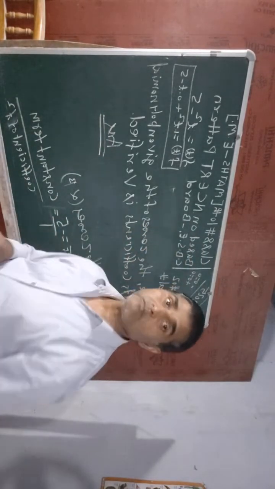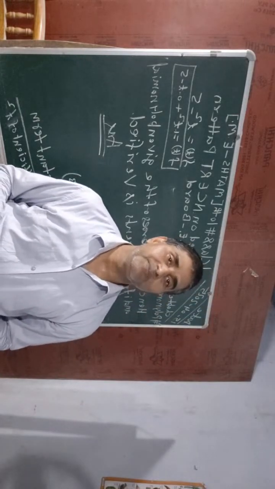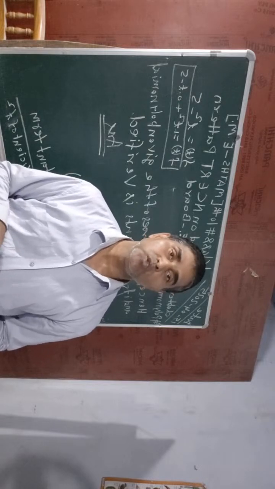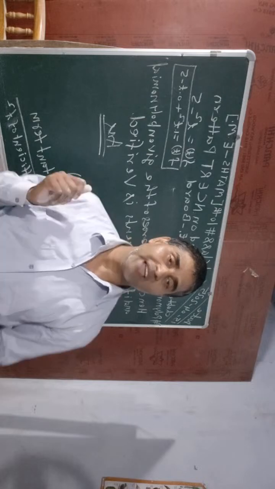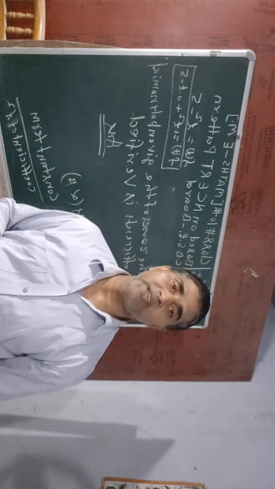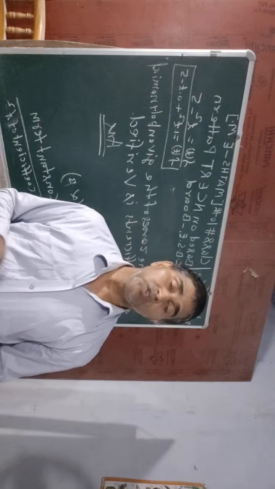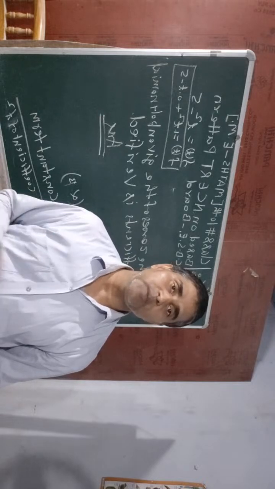Okay, student. So according to this way, if any polynomial or polynomials are given, you will find the zeros of that polynomial with this method, and you can also verify the zeros of the given polynomial and its coefficients in this way.